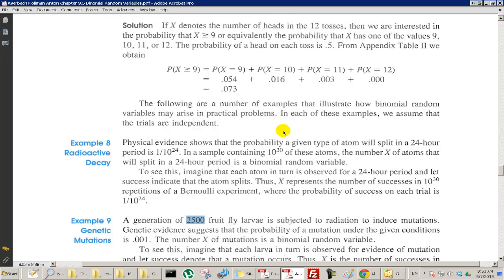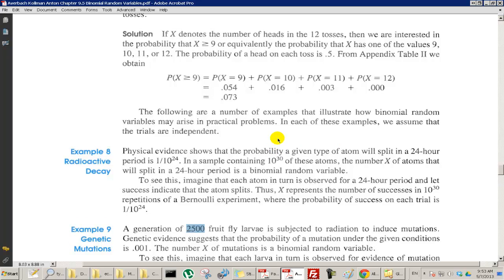And the other difference is the probability of the thing that you're interested in. So here we're interested in getting heads. The number of heads is 5, 6, 7. So what's the probability of that? Here we're interested in an atom splitting. So what's the probability of that occurring? Okay, so it's this number.